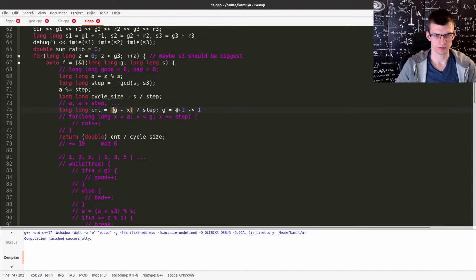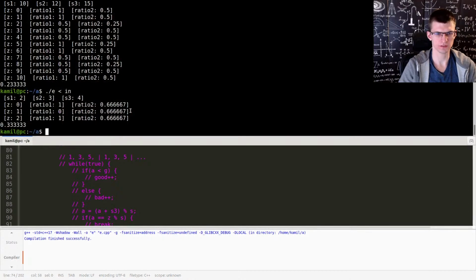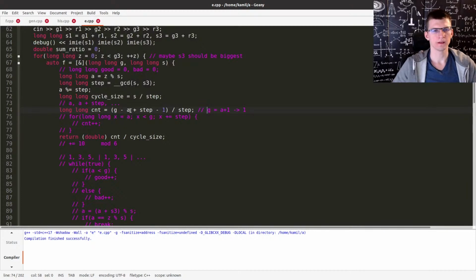I mean, right? Yeah, this should say a. But if this is 1 in this case, I need to increase by step minus 1. And now this is constant time. Cool. Just speeding up a very simple for loop to count stuff.